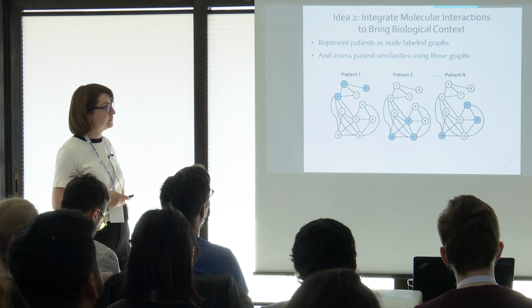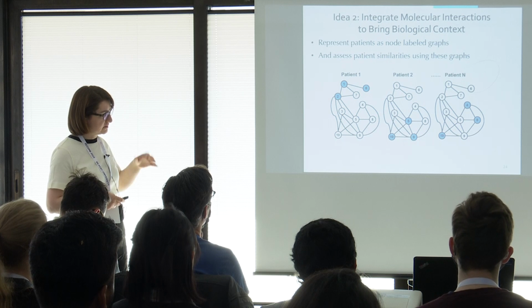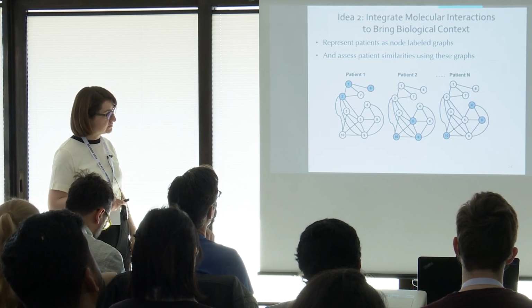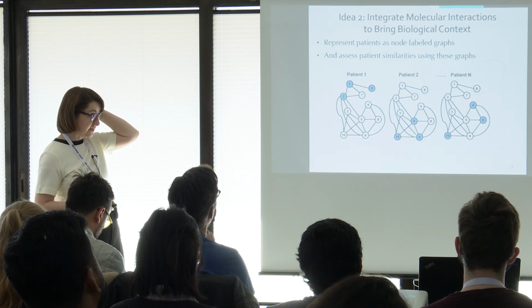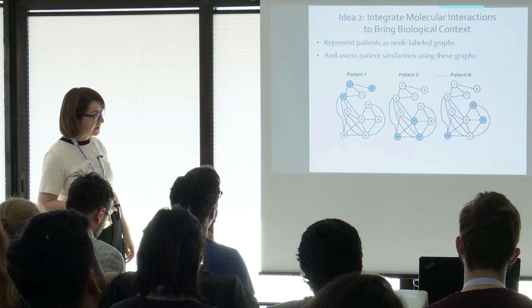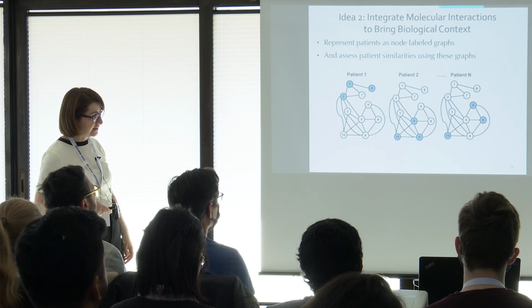For example, when we look at patient 1 and patient 2, there are no identical mutations. Similarly, 1 and N are quite different. When you look at patient 2 and patient N, 5 is not mutated, but 4 is a neighbor, 8 is a neighbor that's mutated, and 9 is a neighbor, and so on.